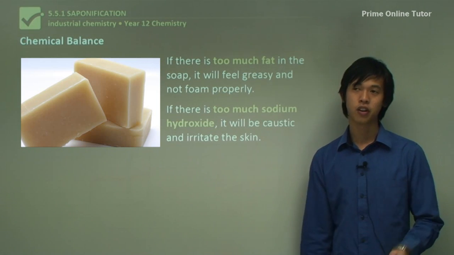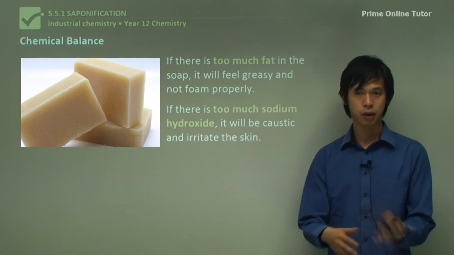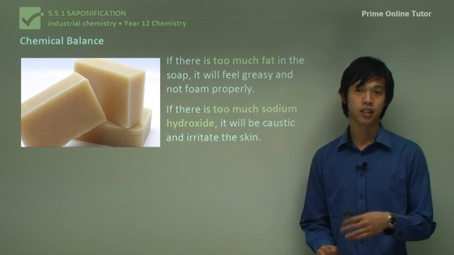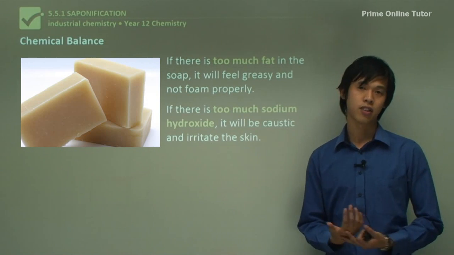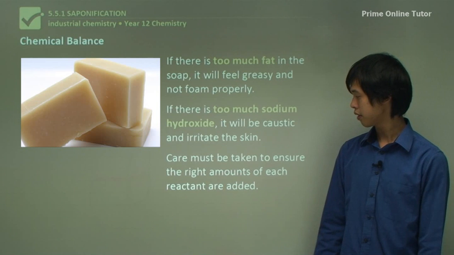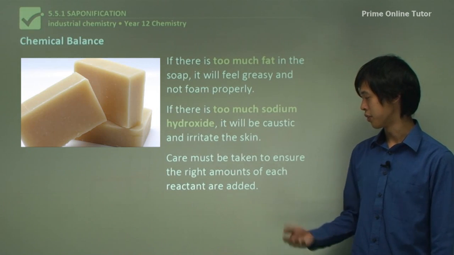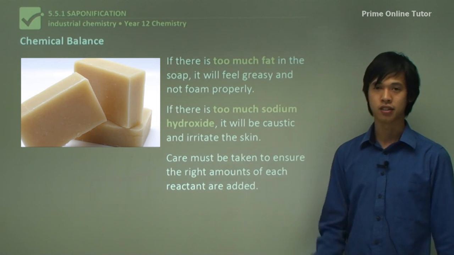It's why a lot of people don't use soap for cleaning purposes. They prefer to use, say, a shower gel or something that doesn't dry out their skin as much. The reason it dries out your skin is because there's too much sodium hydroxide. So care must be taken to ensure the right amounts of each reactant are added. Otherwise you get bad batches of soap.